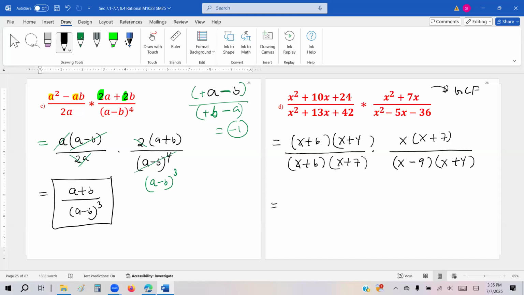Exona, what can you cancel? X plus 6. What else? See X plus 4 on the top and X plus 4 on the bottom.